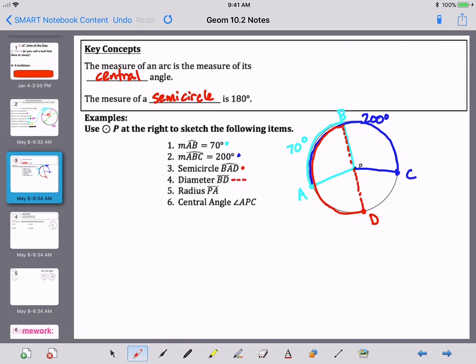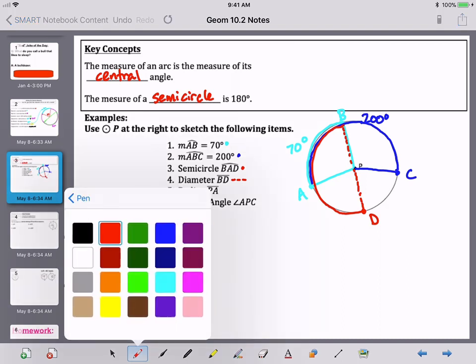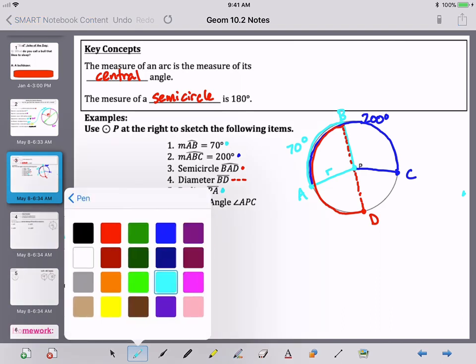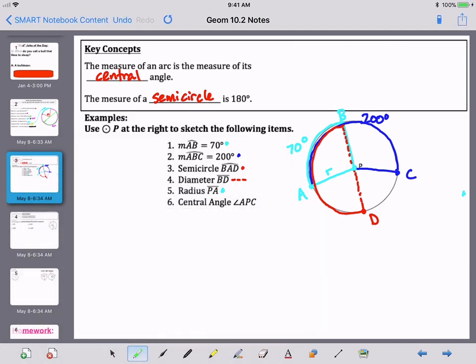And radius PA is also already on here. That was the first thing that I drew. So this line from P to A would be radius PA. And then lastly, central angle APC. If I make an angle from A to P to C, that would be this angle right here.